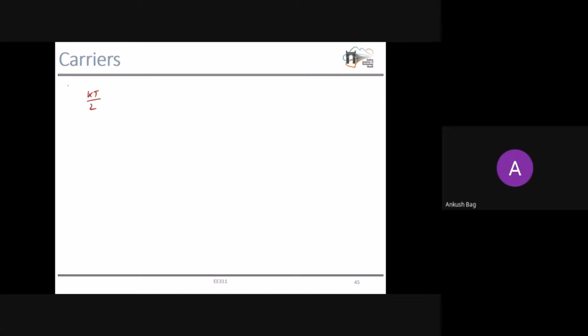Now how many degrees of freedom are there? Your carrier can travel in three directions, x, y, z. So it could have a total kinetic energy of 3kT by 2.